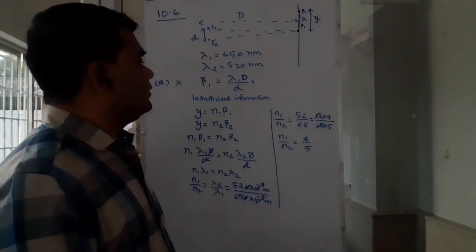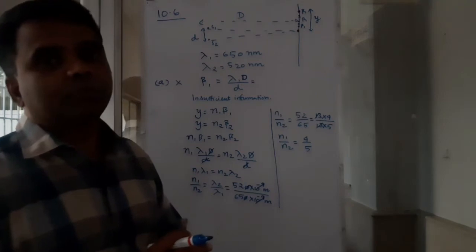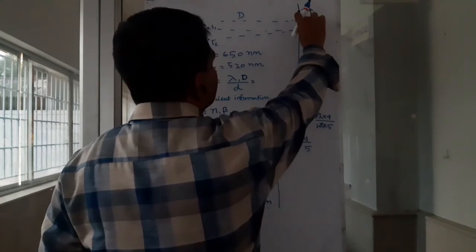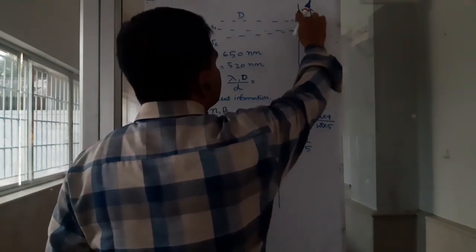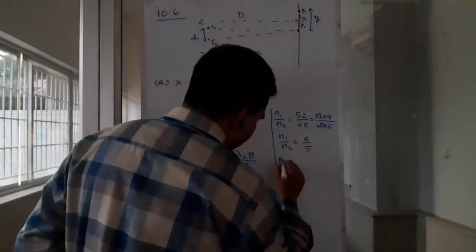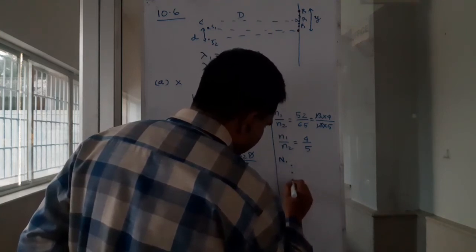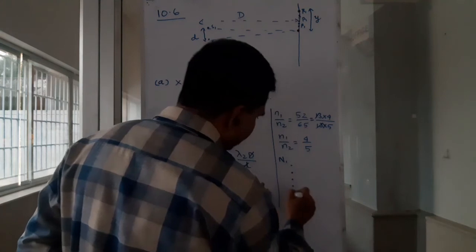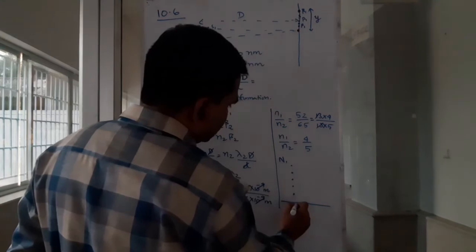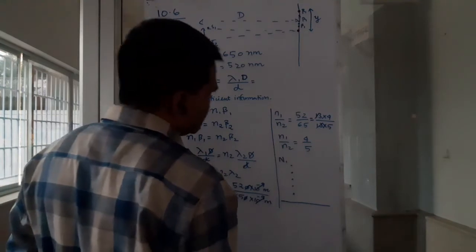Okay. So 5 n1 will be equal to 4 n2. So what happens is n1 will have 5 bands. Let's say n1 will have 1, 2, 3, 4, 5 from the center. Let's say this is the center, the central maximum, right? 1, 2, 3, 4, 5. It must be equal to n2 into 4.